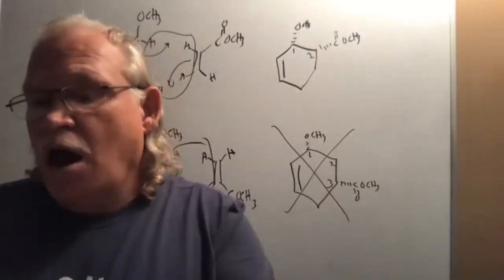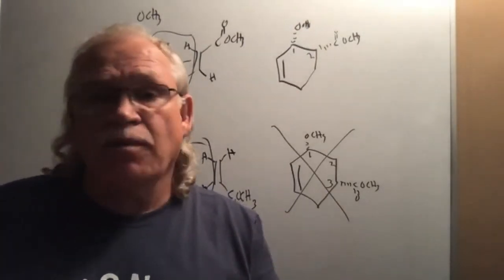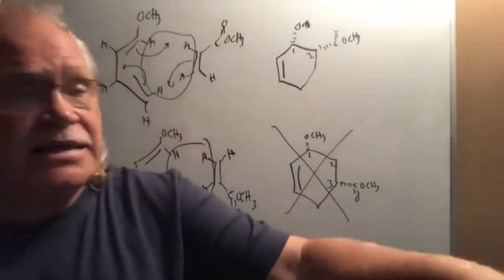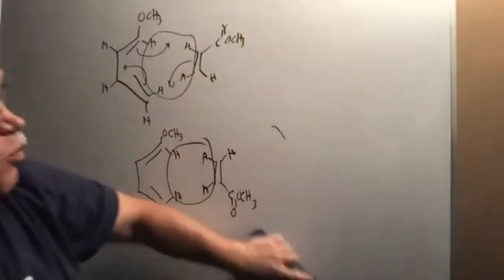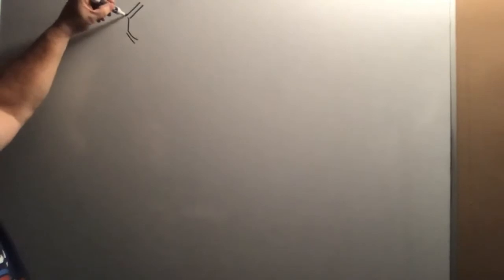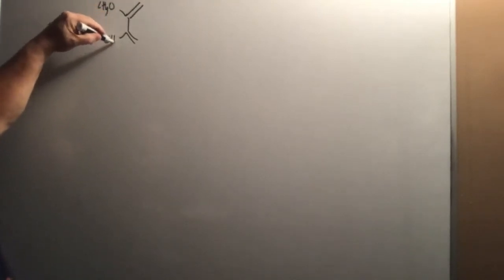Something else that is not on your notes that you're going to add to the bottom of page 5. It says, what's the major product of this reaction? Now, I'm going to put both of these on the board. On this one, we've got an OCH3 here and a CH3 here.